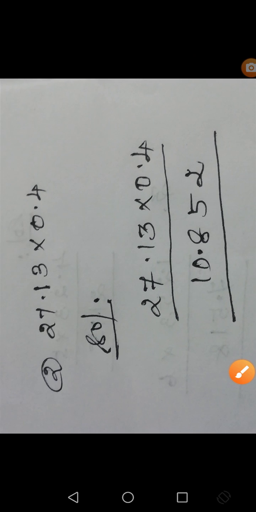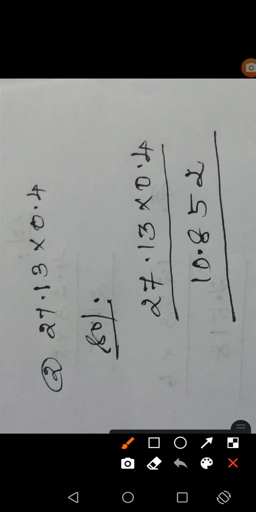Then the last question, 27.13 into 0.4. Here both have decimals, so as with the product of the numbers we want to get some solution. You count and write the decimal points: point after how many numbers, you count, then you implement the decimal. Correct? So 27.13 into 0.4. The zero in front is meaningless.